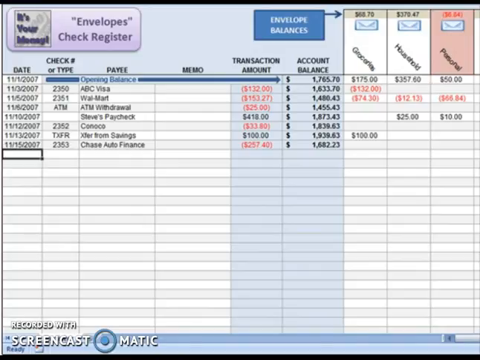of the envelope system. If we focus on the spreadsheet for a little while, as you can see, it's pretty straightforward. You have your available balance, and you have the transaction amounts, and then to the right you have all your different envelopes.